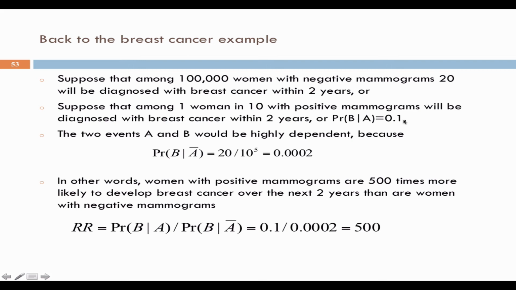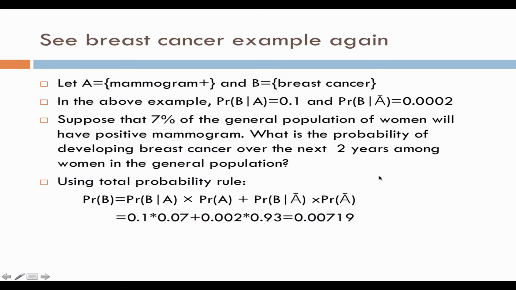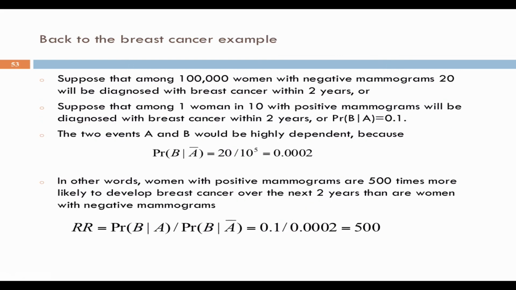We also know that the probability of A complement is just 1 minus 7%. And we know that if a woman has a negative mammogram, the probability of breast cancer is 20 over 10 to the 5.